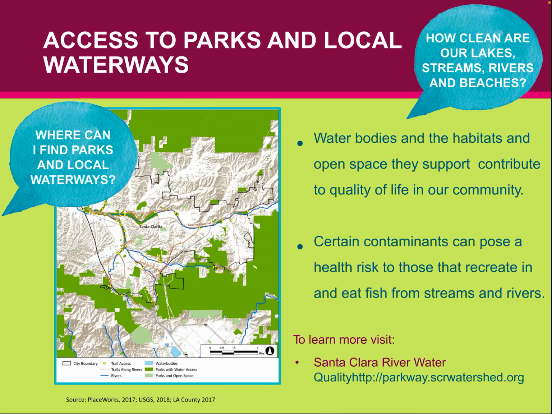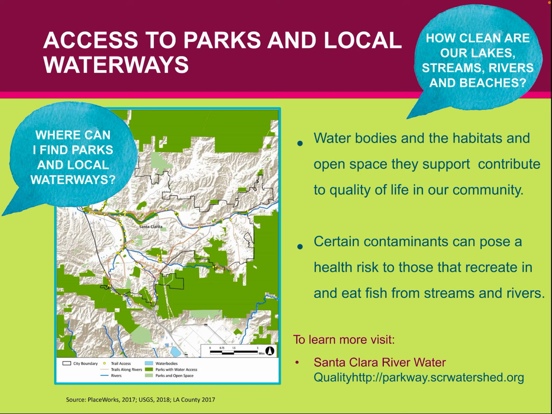In terms of access to parks and local waterways, water bodies and the habitats and open space they support contribute to the quality of life in our community. Certain contaminants can pose a health risk to those that recreate and eat fish from streams and rivers. Again, if we look at this map, you can see the areas with green are primarily parks with water access, and the lighter green color is parks and open space areas.